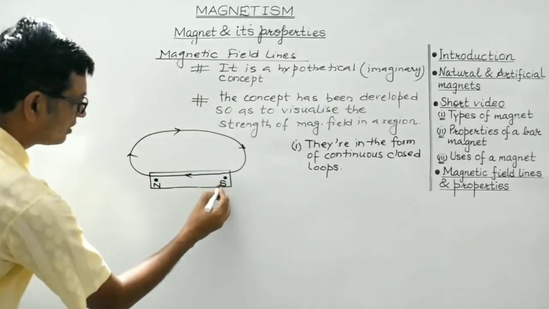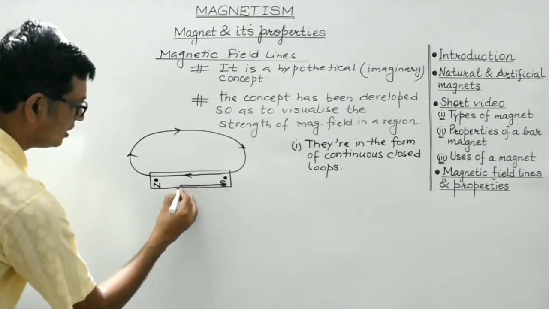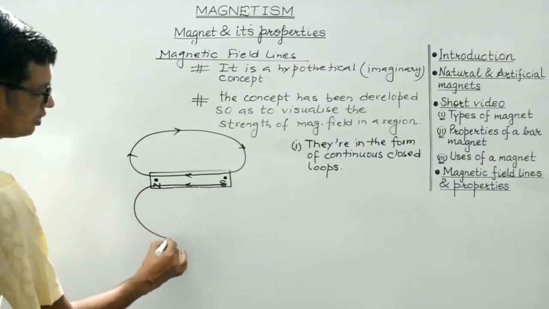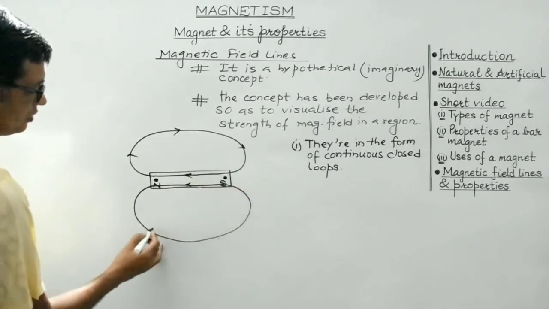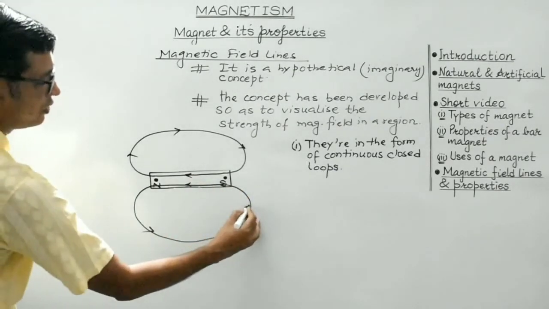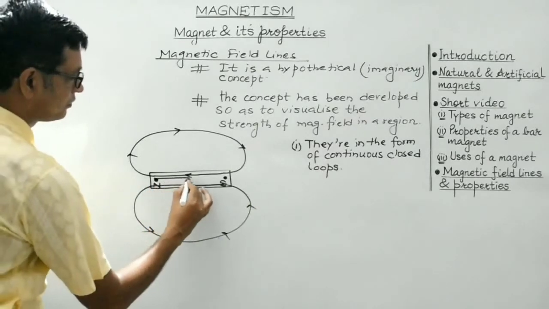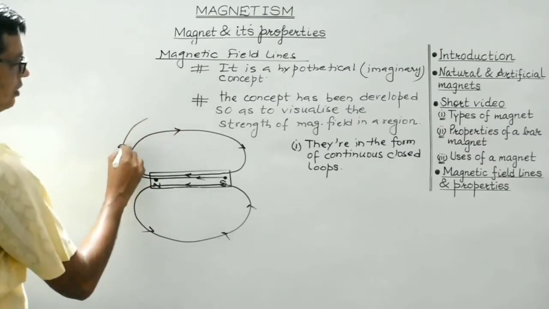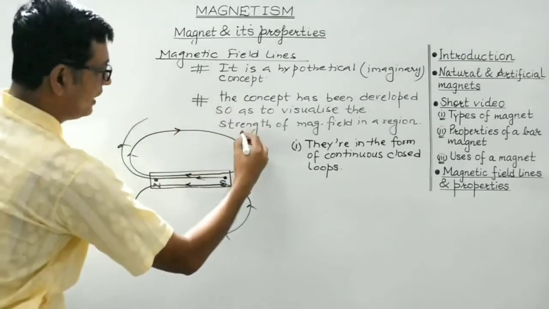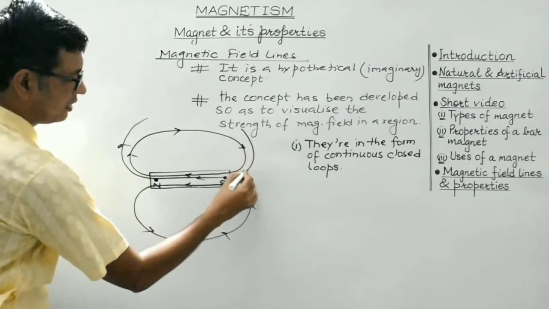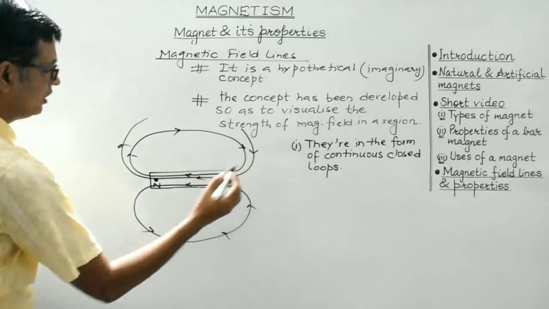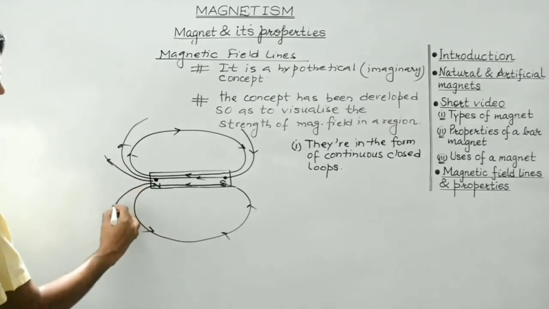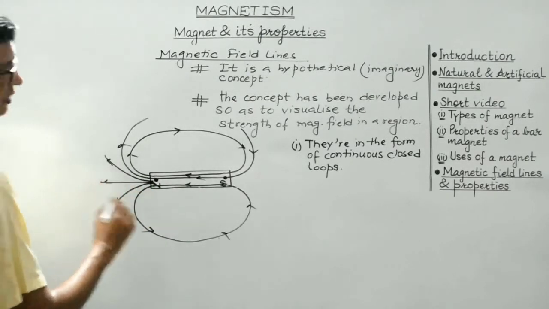So you can complete this diagram. It should be like this. Let me draw a few magnetic field lines for you. So inside it is from south to north, and outside it will be from north to south. I'm not completing it, but it's the fact that it is in the form of continuous closed loops. It's like this.